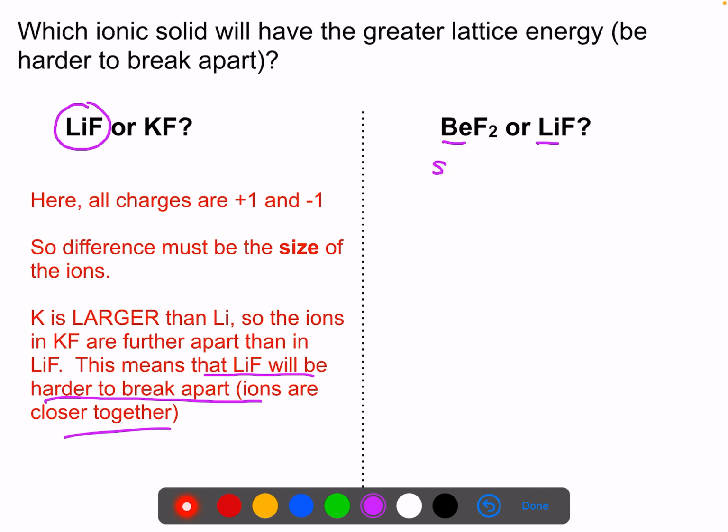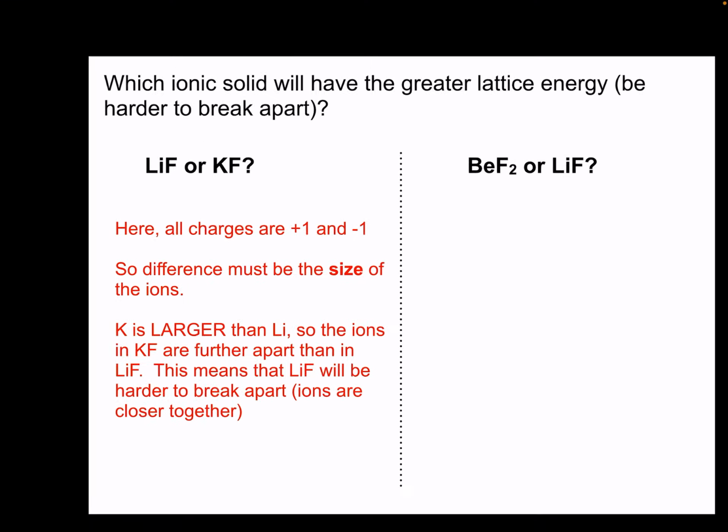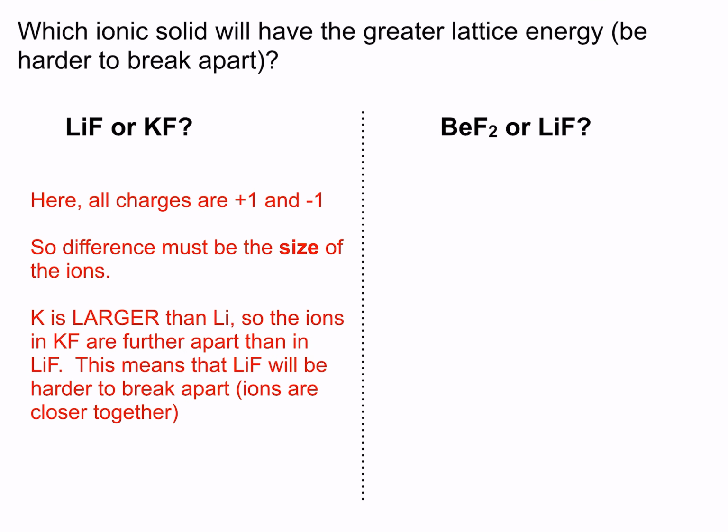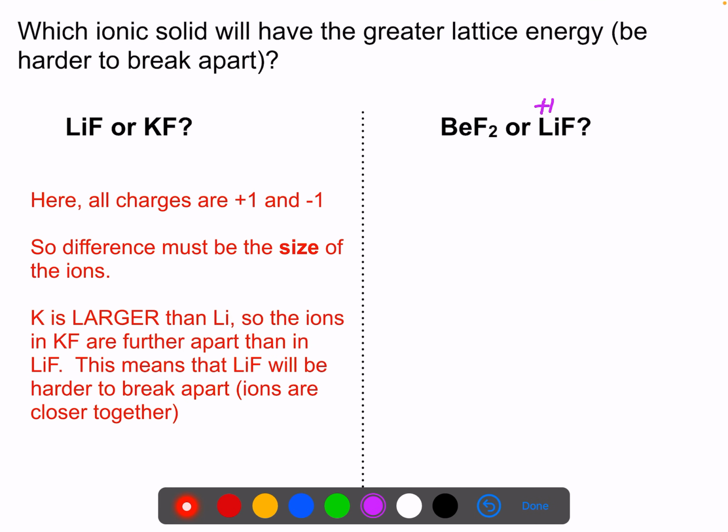So these have the same size, or close enough that size is not going to be the key. So what is different here? Lithium, we said, is a +1 charge, and beryllium is a +2 charge.